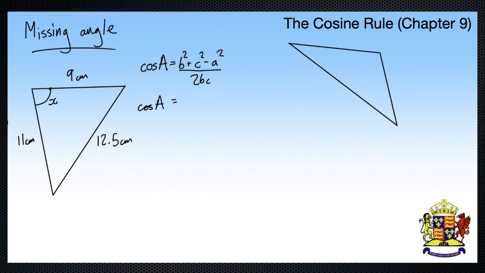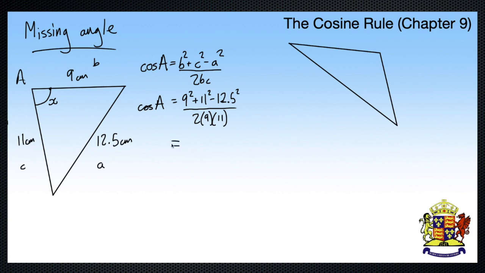Remember, this is our big A, this is our little a, this is our little b, this is our c. Obviously these two are interchangeable. So we go 9 squared plus 11 squared minus 12.5 squared all over 2 times 9 times 11.